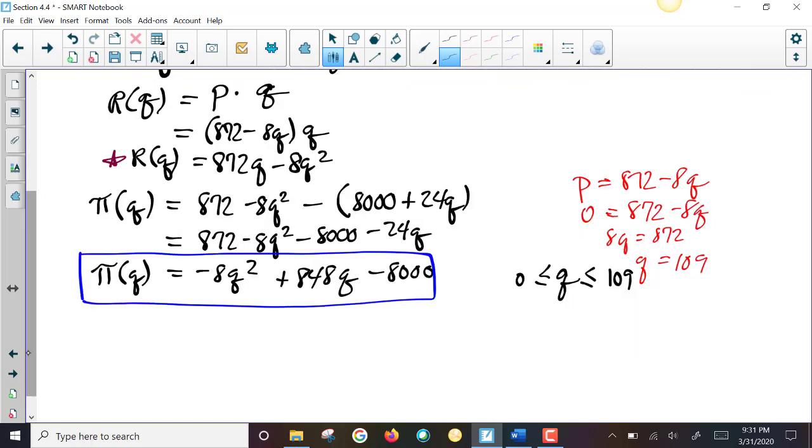All right, so we're finding the maximum value of a function on a closed interval. We need the critical point in that interval, and then we can test those values. So my derivative of the profit function is negative 16Q plus 848. Set equal to 0 to get the critical point.